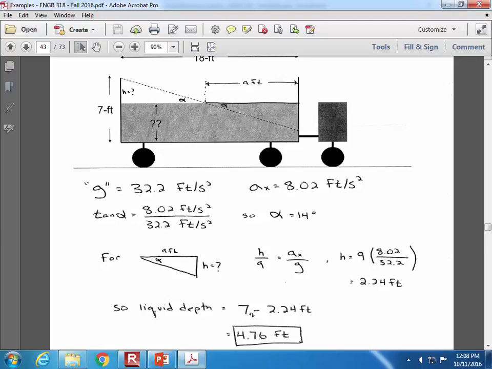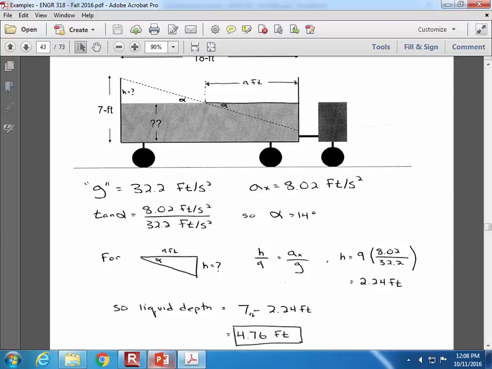And so how big h becomes is strictly because of the acceleration side to side. And if the acceleration was equal to g in the x direction, then h would be 9. And so it's a linear response to the acceleration it's experiencing in the x direction.